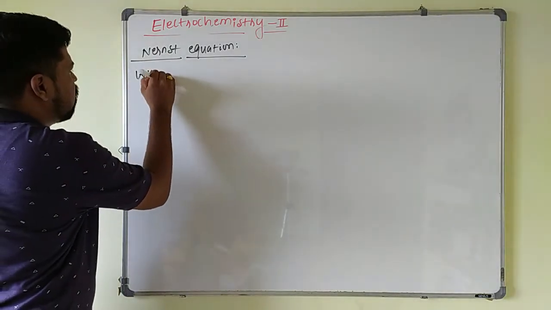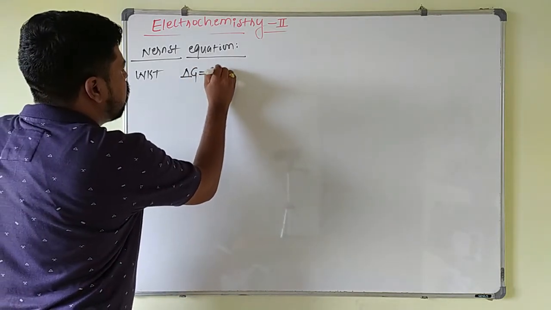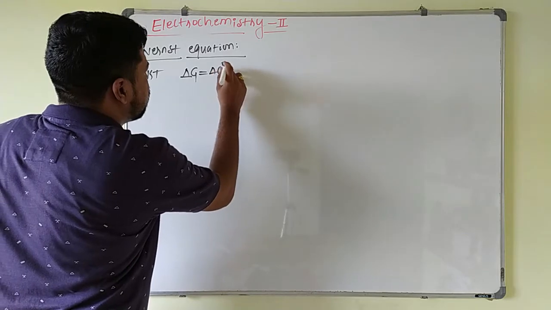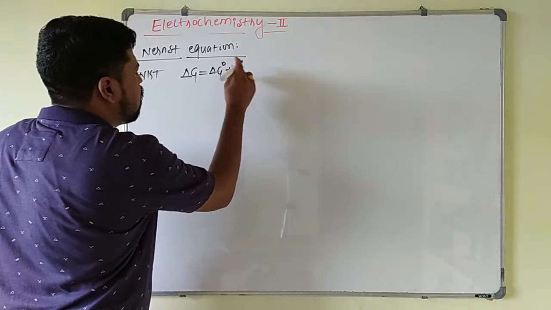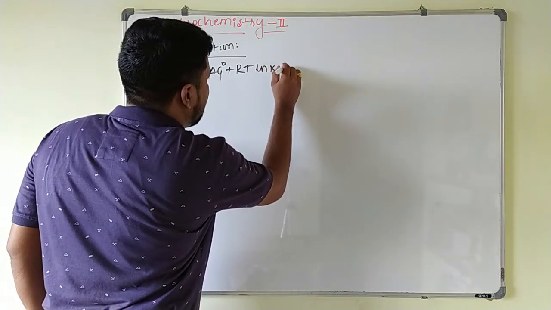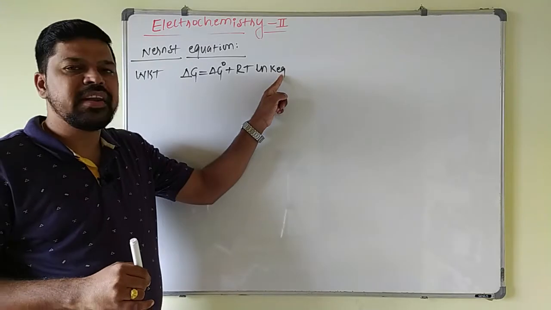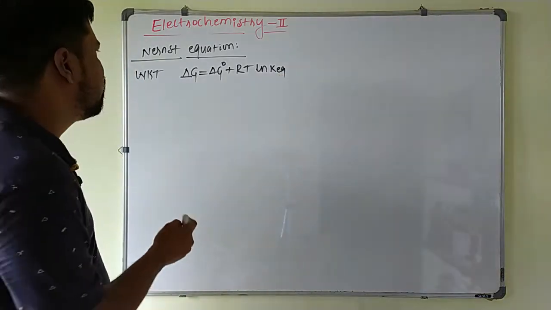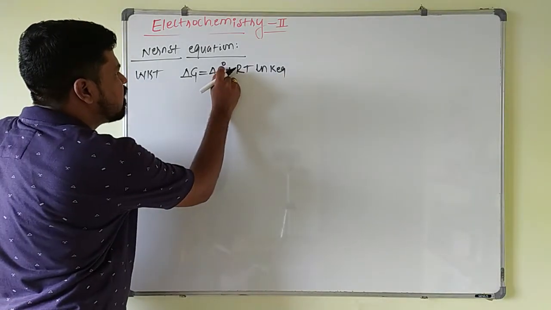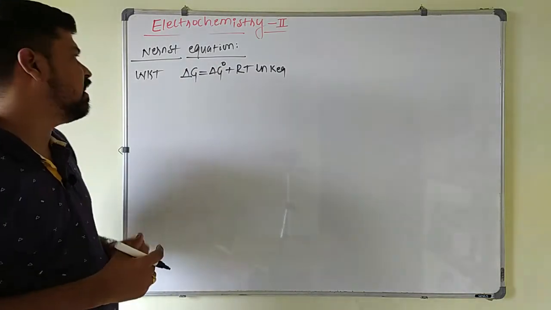So here we know that Gibbs free energy delta G is equal to delta G naught plus RT ln K equilibrium. So this is the relation between what? Gibbs free energy and equilibrium constant here. Now already we know the value of this delta G and delta G naught. What is delta G here? Minus nF E cell here.